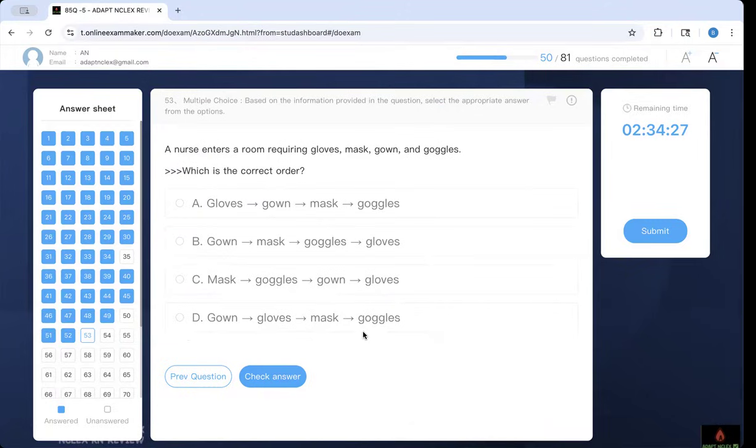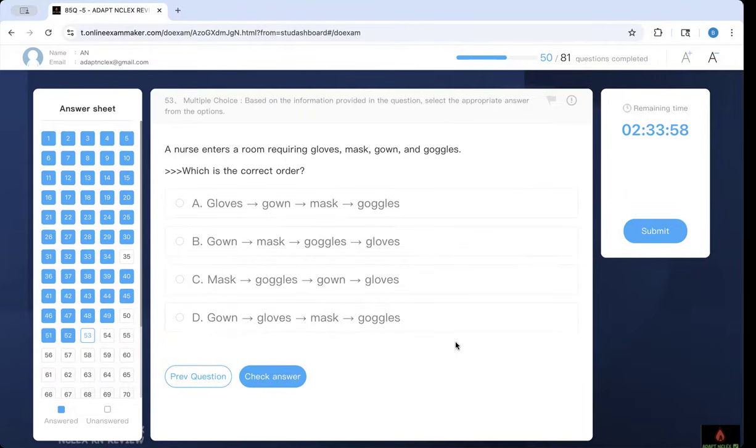The nurse enters the client room requiring gloves, mask, gown, and goggles. Which is the correct order? So how are you going to wear it? Which one do you wear first? The way I think about it is like getting out of your house. The first thing you do, you put on your dress, right? After you put on your dress, you got to wash your face, clean your face, and then make up your face, right?